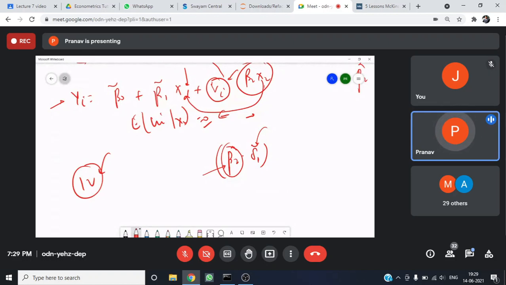Let me just give you a heads up what exactly instrumental variable estimation is. The name suggests instrumental variable. It means that if, say, x2 is a variable which you are not able to observe directly, then we try to have a proxy variable for that.